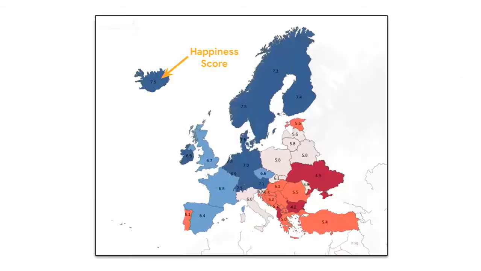In this way, we could say something like, we began by creating a heat map of the happiness score for each country, where the number within each country represents the overall score, and the colors represent how high or how low the score is on a scale. The darker blue the country is, the higher the numeric happiness score for that country. The deeper red the country is, the lower the happiness score and overall numeric value.